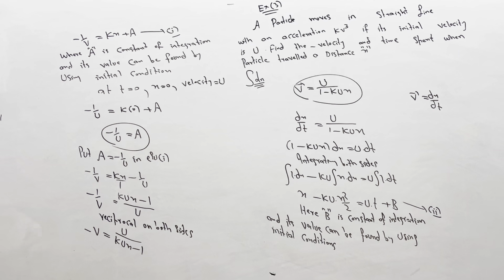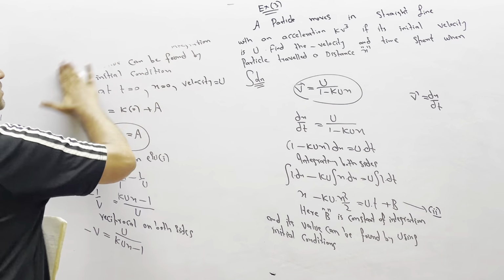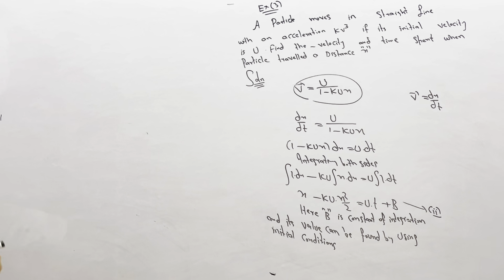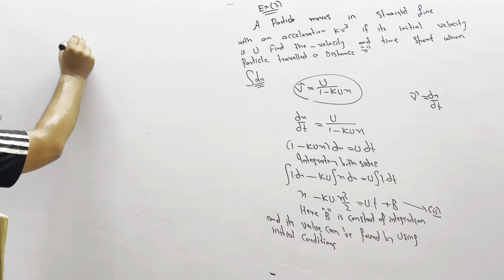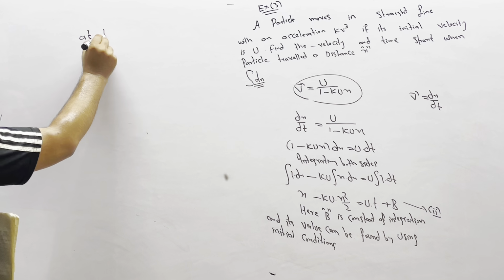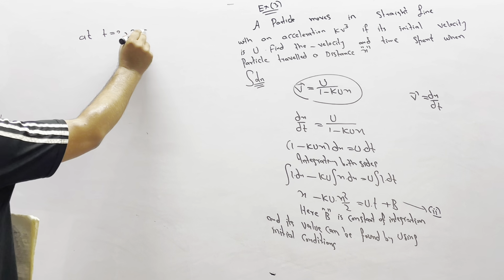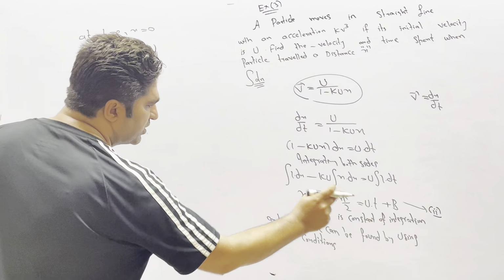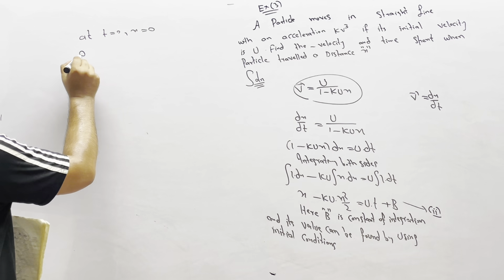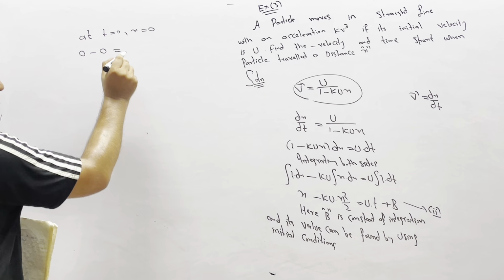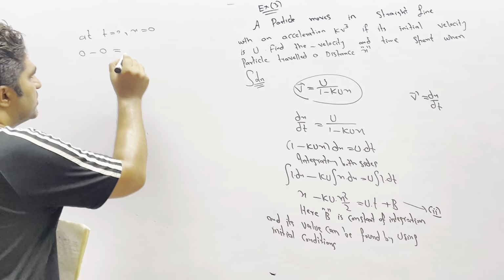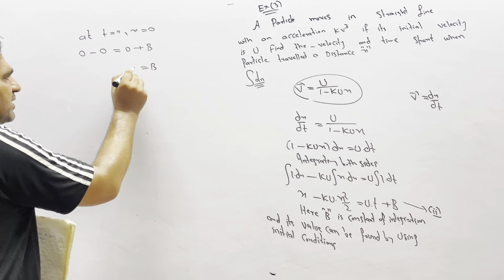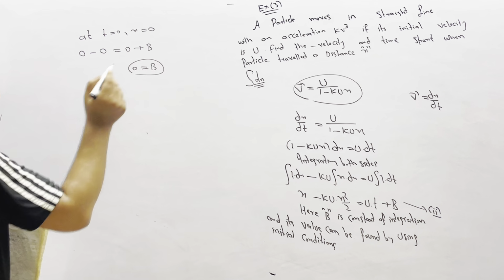What I have to do here, I'll put t equal to 0, x is 0. So I'll put these values here, x equal to 0, t equal to 0. This will become 0 minus 0 equal to, and if I put t equal to 0, this is 0 plus capital B. So you'll be getting capital B equal to 0. So I got capital B equal to 0.